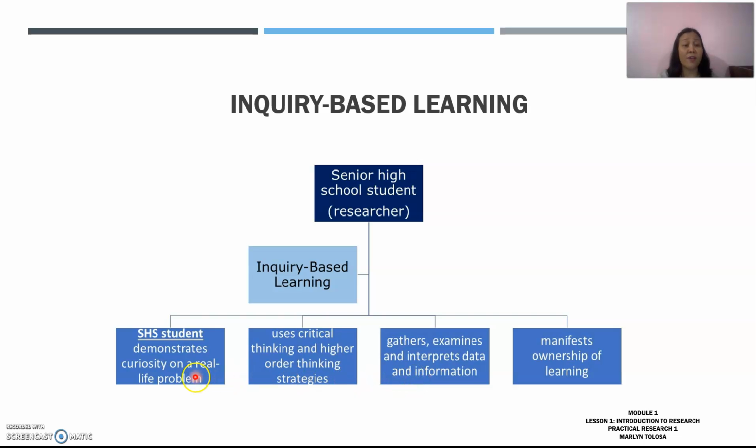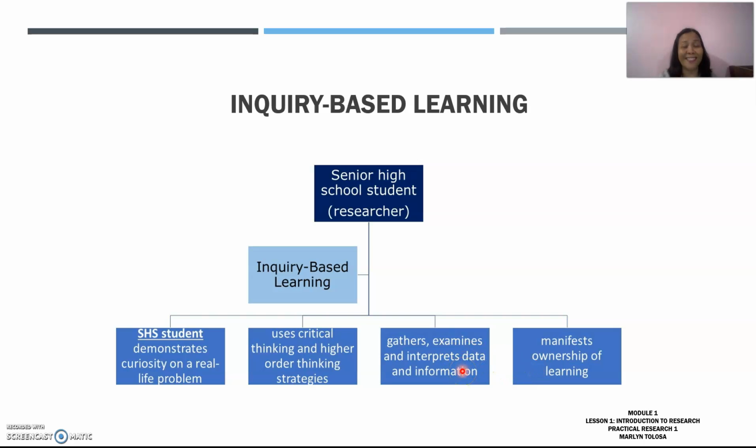Because once you make use of your curiosity in finding an answer to a particular problem, you have to gather data, examine the data, and interpret the data before arriving at a result. And finally, in inquiry-based learning, a senior high school student would manifest ownership of learning because you have immersed in the activity or in finding an answer to a particular problem.